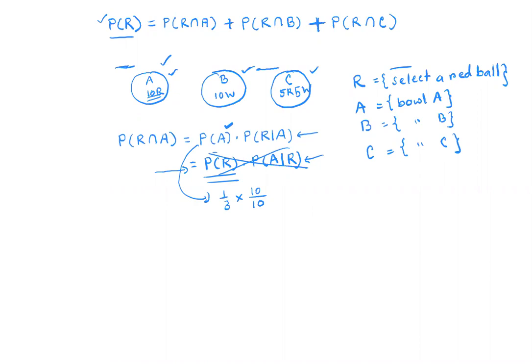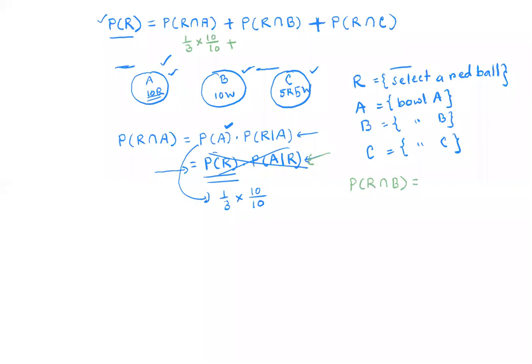So this probability is going to be 1/3 times 10 over 10. Plus, we are going to find the next one, which is the probability of red and selecting B, which again, if you go this way, you'll run into problems.